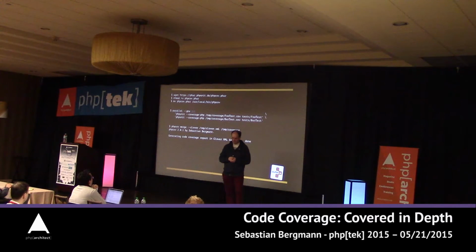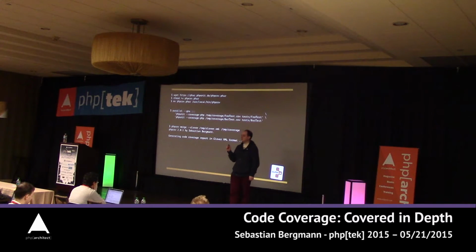And that's what this allows you to do. This is like the simplest way of running a PHPUnit test suite in parallel. You partition it, you use the command line tool parallel to run multiple instances of PHPUnit in parallel, and at the end you merge the log files using PHPCOV.